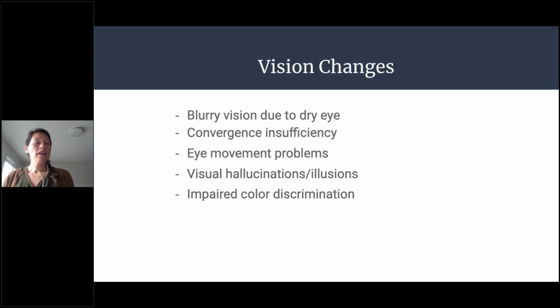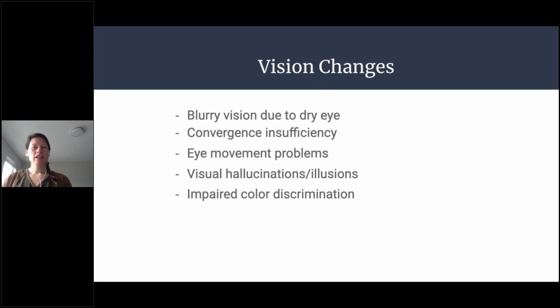There can be all kinds of vision problems that you might not think to associate with your Parkinson's disease. Patients can get blurry vision, and that might be due to decreased blinking, resulting in dry eyes. They can also have something called convergence insufficiency, where your eyes are supposed to line up and look the same way at the same time.